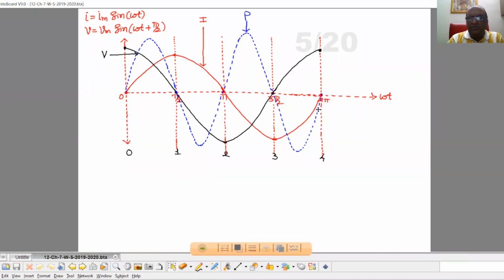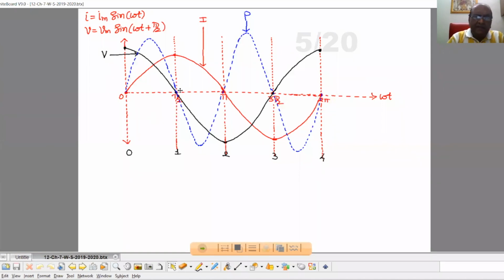See, omega t 2 pi radian means one cycle is completed, that is periodic time, capital T. So when 1/4 cycle is completed, means during time interval 0 to T by 4, inductor will absorb the energy from the source. Clear? And then after, see the second cycle.